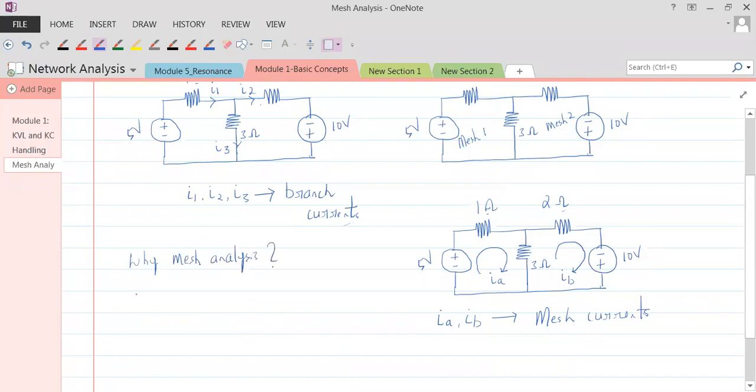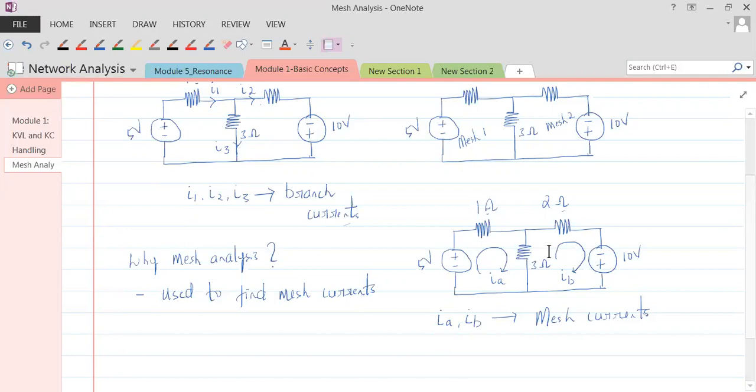Mesh analysis is used to find mesh currents. Everybody understand this? Why do we use mesh analysis? Mesh analysis is used to find out the mesh currents. If there are two meshes, we have to mark two mesh currents. Okay, then we have to find those mesh currents. How? By applying the KVL.